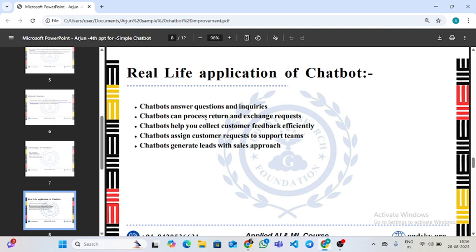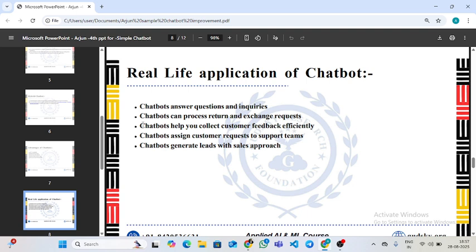Return and exchange requests: what type of inquiries you have, you can ask the chatbot, and it responds. The next point is that chatbots help you collect customer feedback efficiently. Means the chatbot also takes feedback in a very short interval of time.